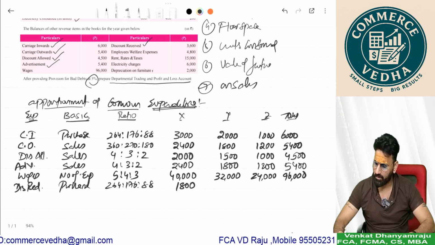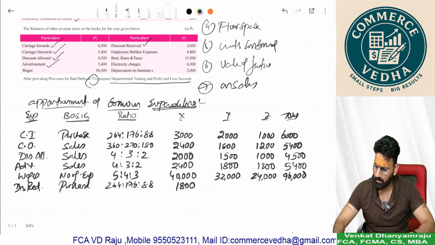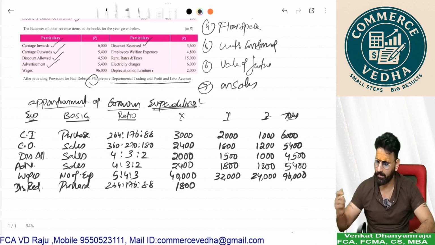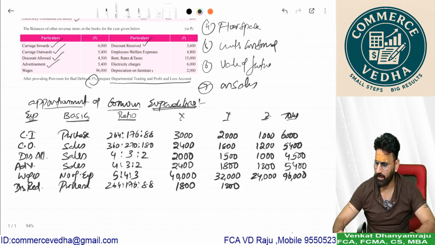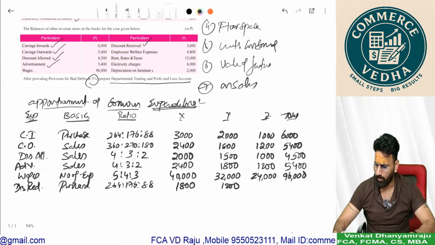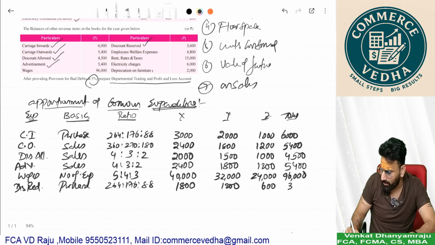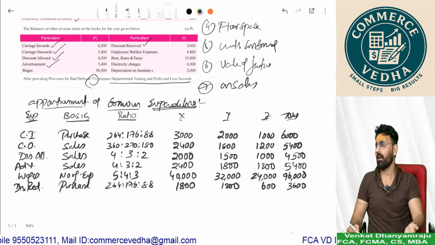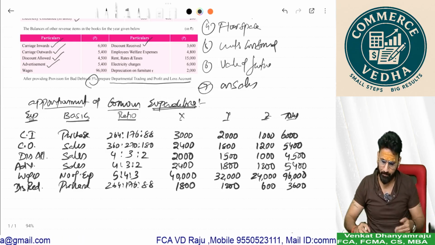Then 3600 by 528 into 176, 1200, and the balance, 18 plus 12 minus 3600, is 600, and the total is 3600. So we're almost done with 1, 2, 3, 4, 5, 6 allocations.